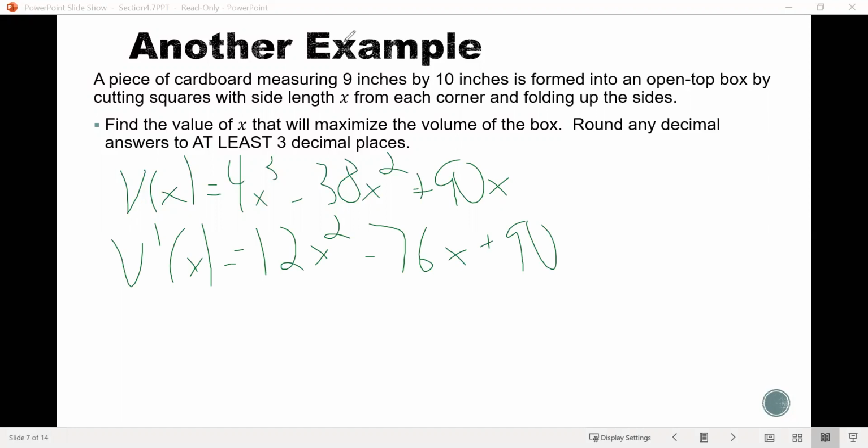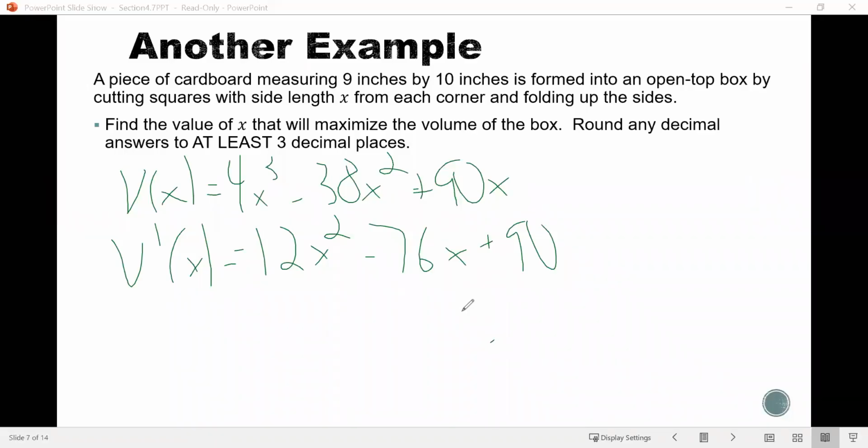Okay, and to solve that, unfortunately, I don't think it'll factor nicely, so we'll have to use the quadratic formula. I'm not going to show all the work for that, but I'm going to write down the answers. I forgot to mention that we first need to set this equal to 0 before we do that.